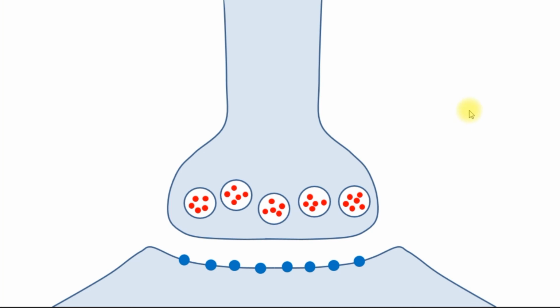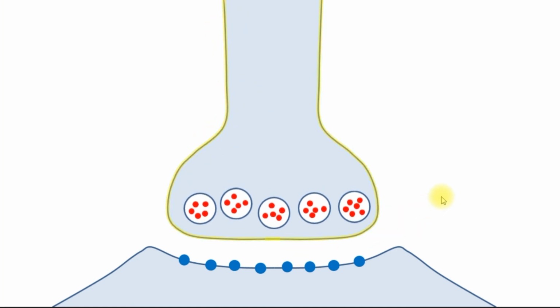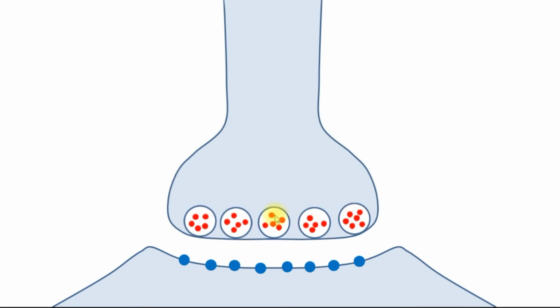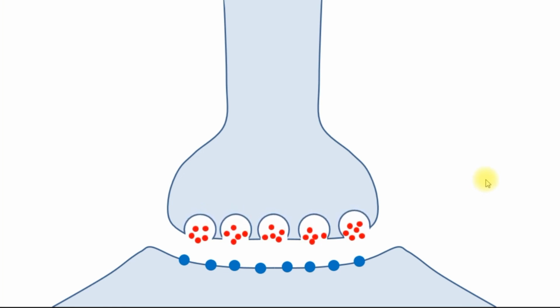And now let's look at how it works. Here we can see a nerve impulse. It runs on the cell membrane, and it excites the cell membrane of the axon, and it causes exocytosis of the vesicles with neurotransmitter into the synaptic cleft. There are special chemical substances which are released in the synaptic cleft.